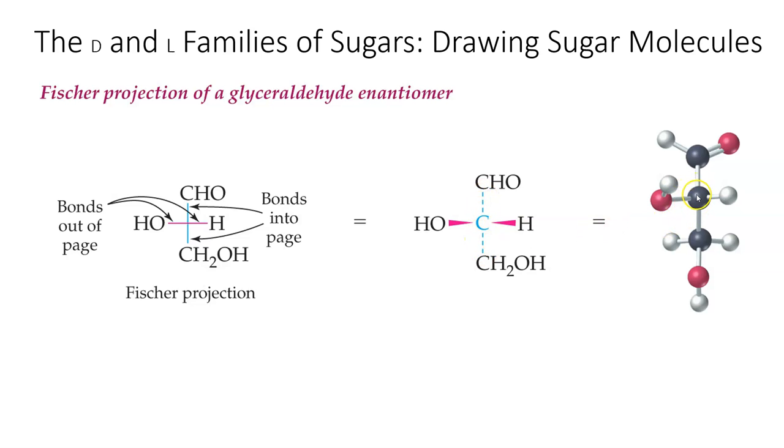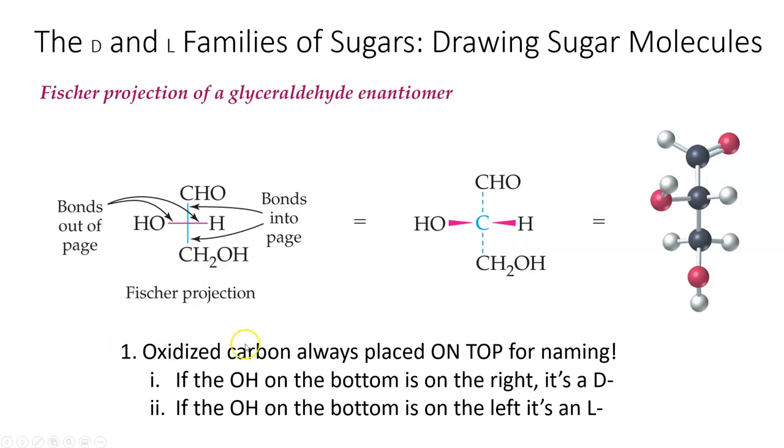So you can see that here as well, where this would be either coming back, or this is the shape, this is what's happening. We're lining these up, and depending on where that's going, it's either going into the page or coming out of the page. But either way, this is the orientation and organization that we're trying to represent through this Fischer projection.